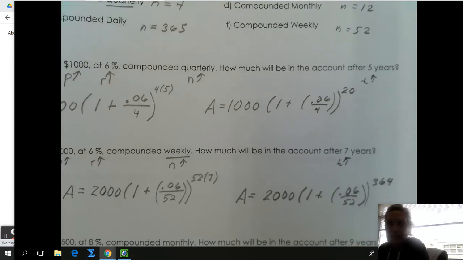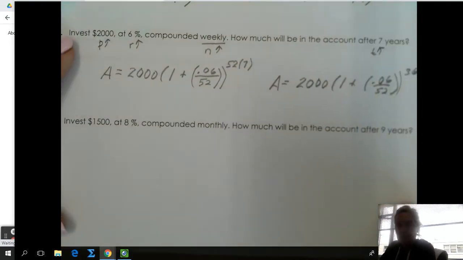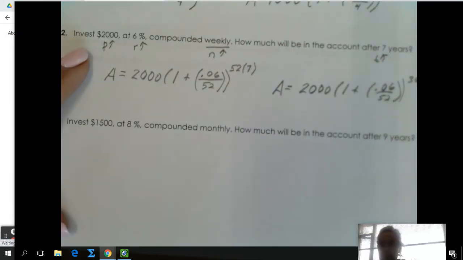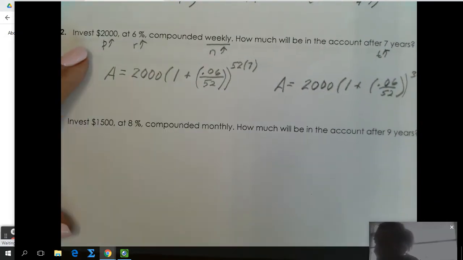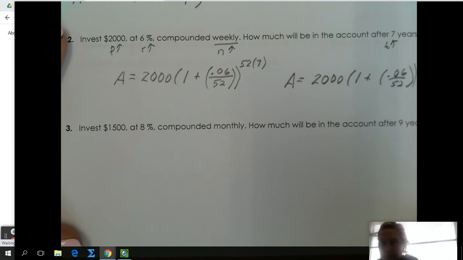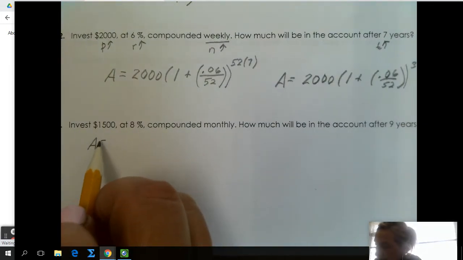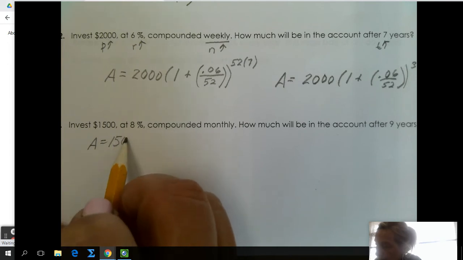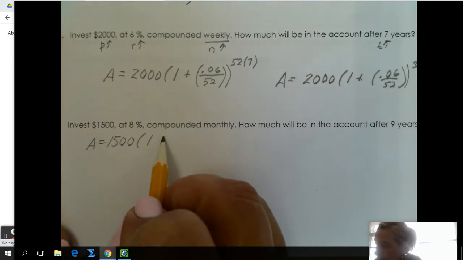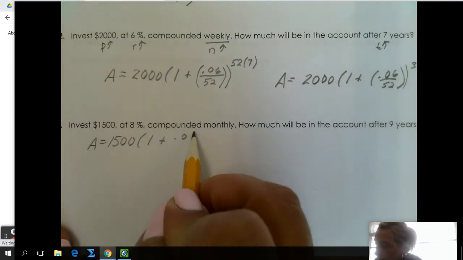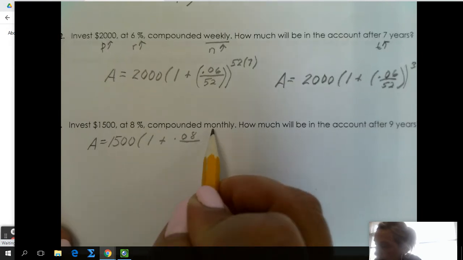Okay, last example here. We have $1,500. 0.08 divided by 12 for monthly.